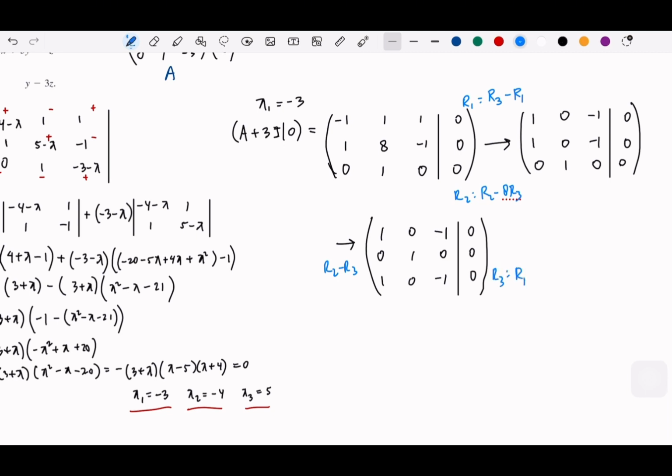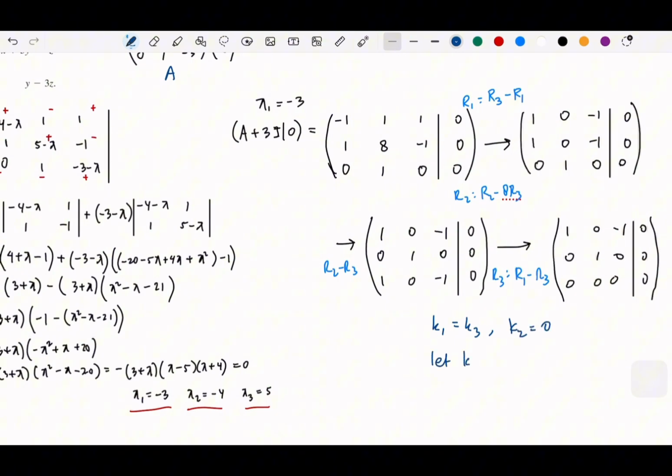So we could just write here, and we get the solutions. K1 is equal to K3 and K2 is 0. So let K3 equal 1. So we have the eigenvector for K1 as 1, 0, 1.